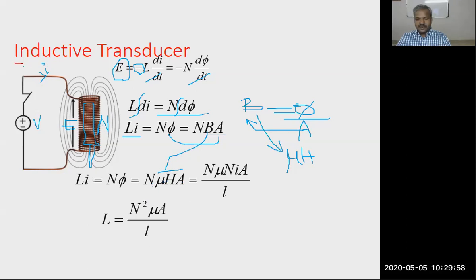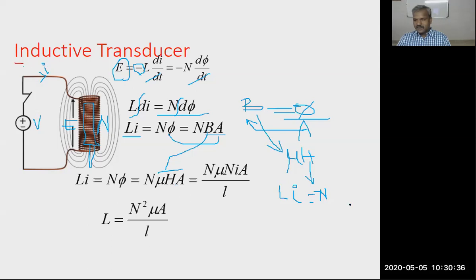Also we know that this H is the ampere turns per length.